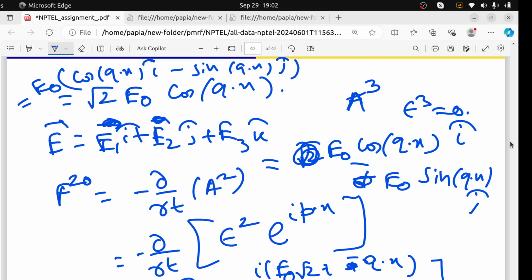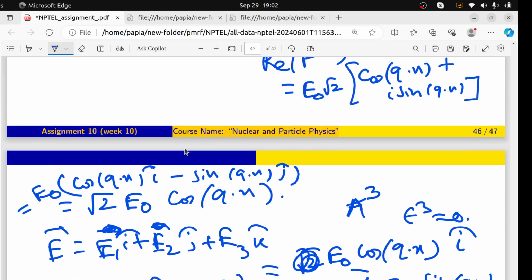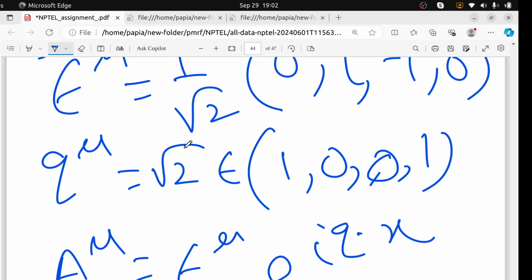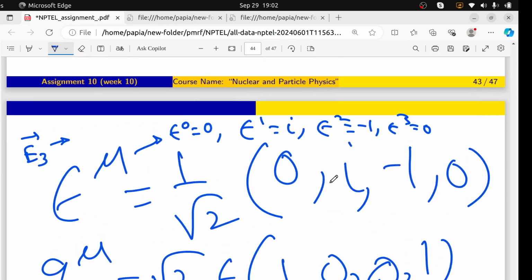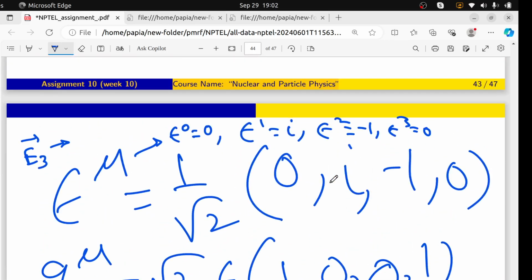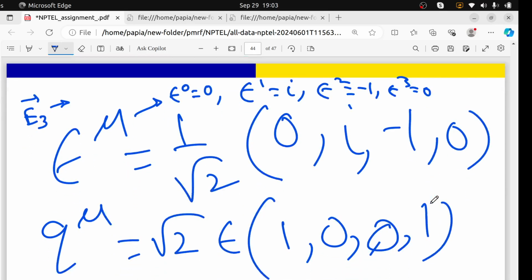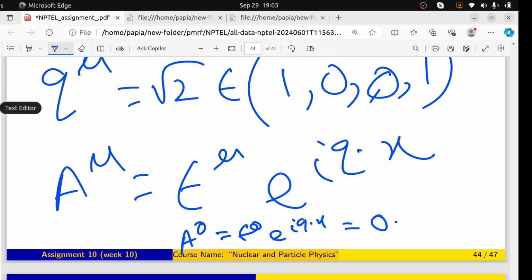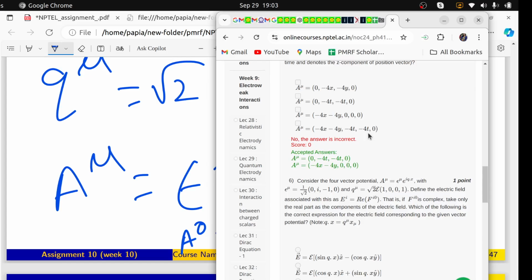This would be the answer. I mean, if I did not miss any 1 by root 2 or something, because I just checked from here. A0 is 0, A3 is 0 because epsilon is 0. Okay. I think so. So let me check the answer.